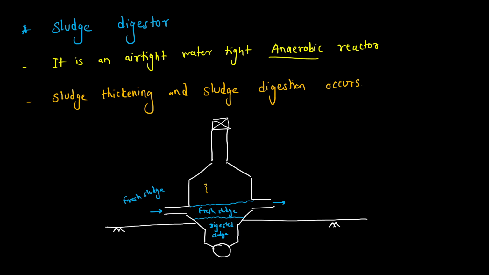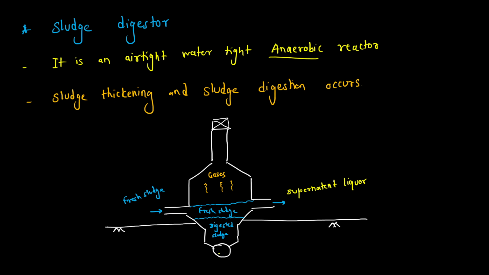There will be certain gases that take place during the anaerobic decomposition, and the output will be supernatant liquor. This is how the fresh sludge is broken down into digested sludge, supernatant liquor and gases.